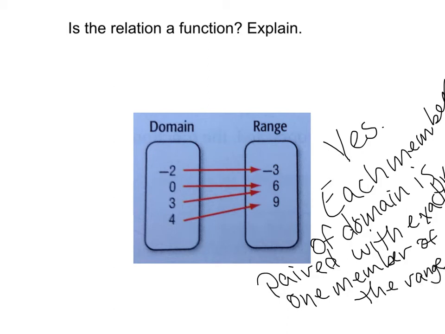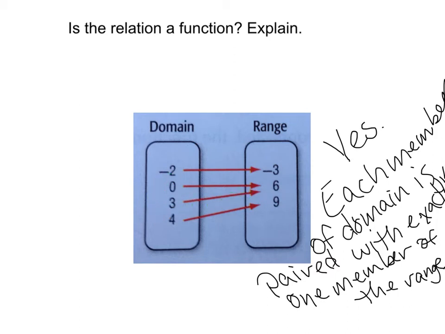Think back to the archery contest that I showed you just a minute ago. These arrows show -2 paired with -3, 0 paired with 6, 3 paired with 6, and 4 paired with 9. It is okay to have your domain shooting at one target.